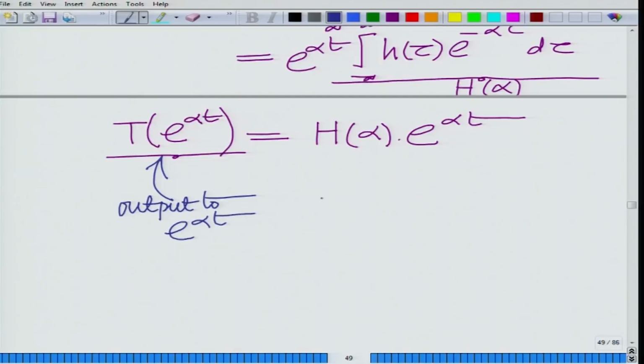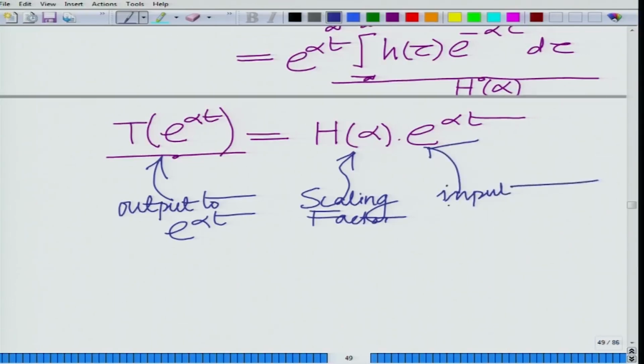The output to e power alpha t equals some scaling factor times the same input signal. So, we have T of x(t) equals some constant k times x(t), correct.